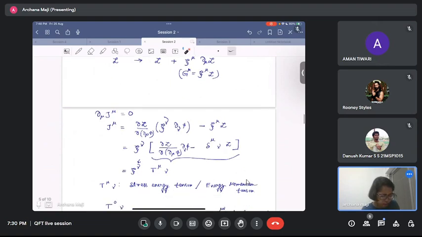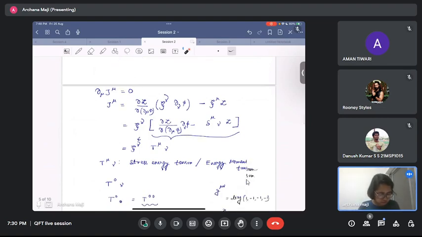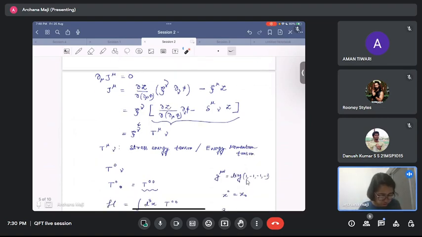I couldn't understand your question completely, but let me still try to answer. This del mu J mu equal to 0 gives you that J mu is conserved. So this is a conserved current, but in order to get the charge, you need to integrate the zeroth component of the current over all space.